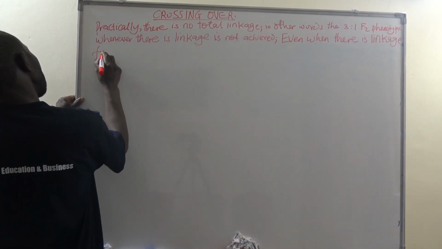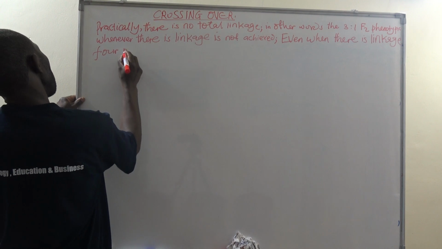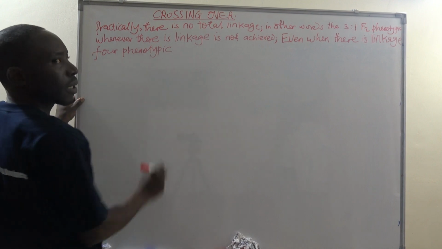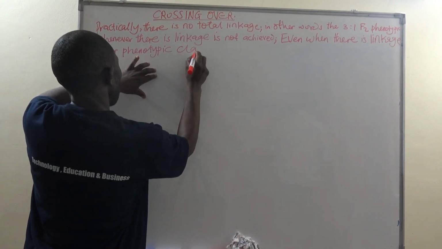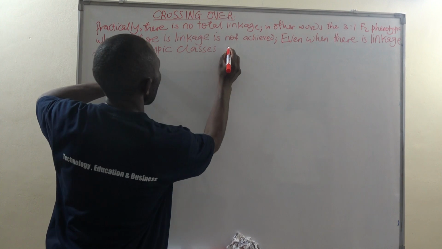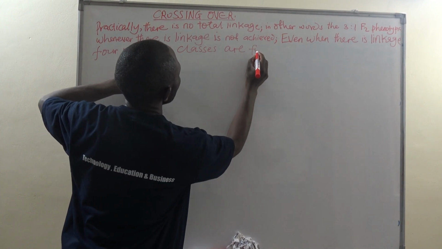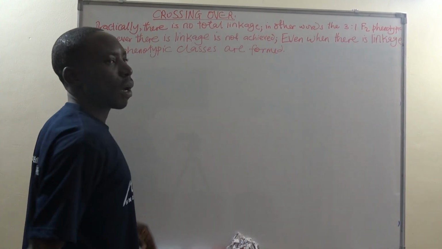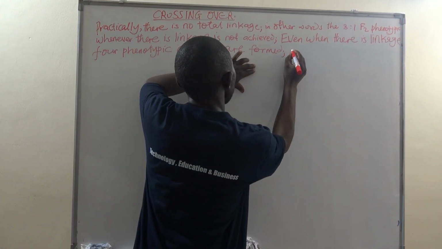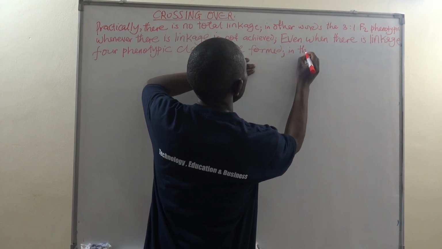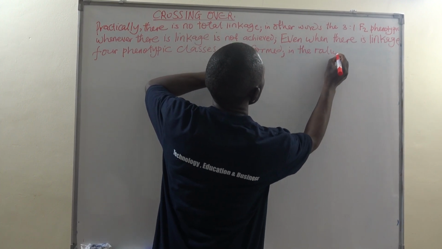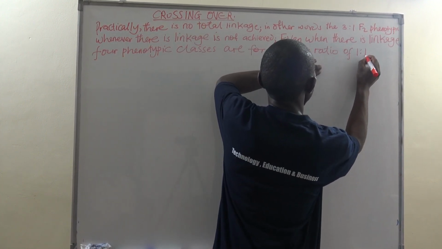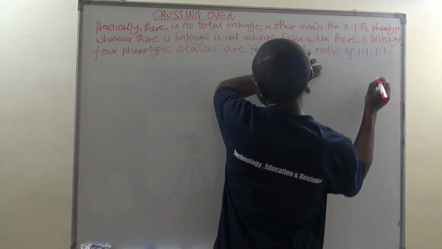4 phenotypic classes are formed in the ratio of 1 to 1 to 1 to 1.